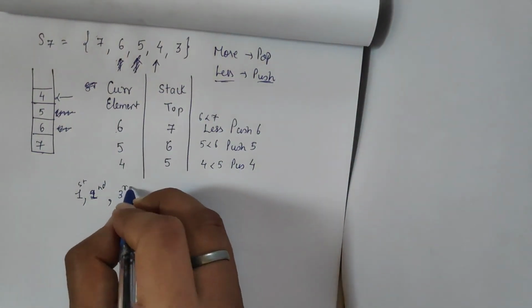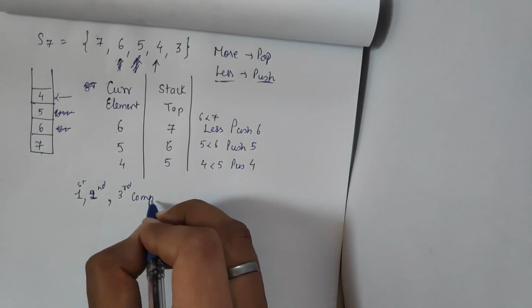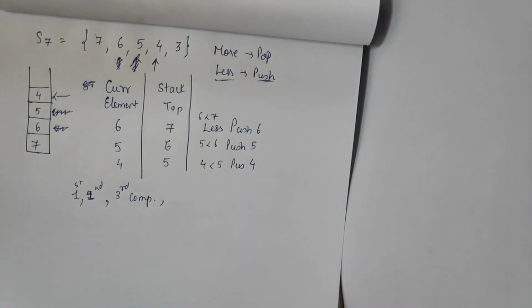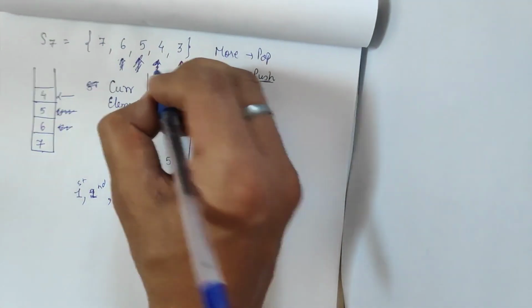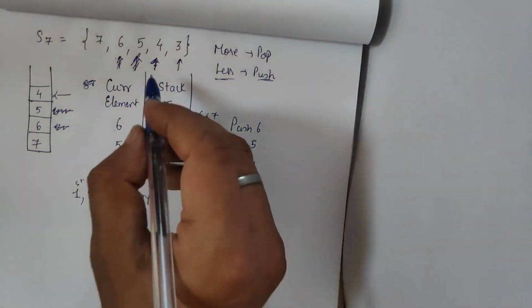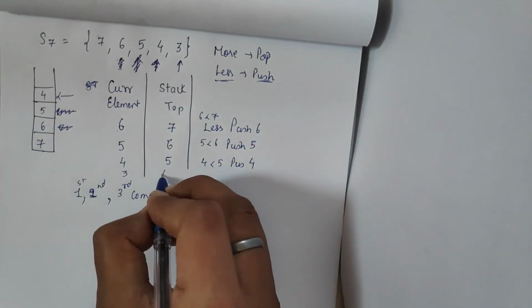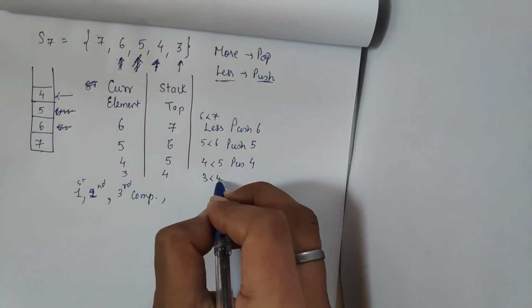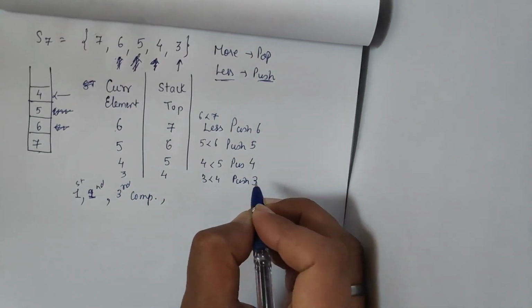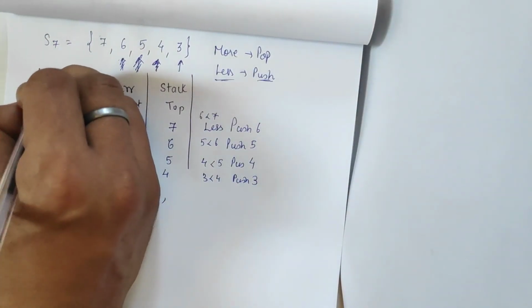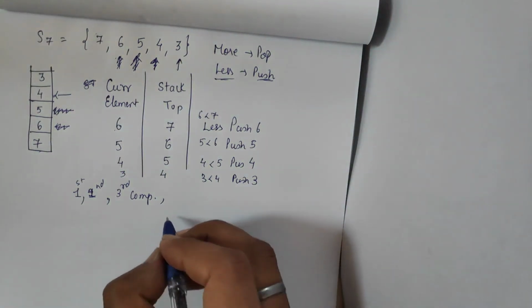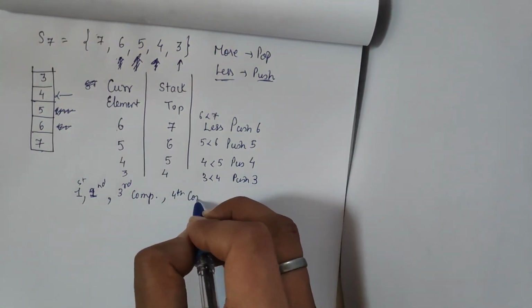So this was my third comparison. And finally, the current element is 3. Stack top is 4. 3 is less than 4, so push 3. 3 gets pushed onto the stack, and this is the fourth comparison.